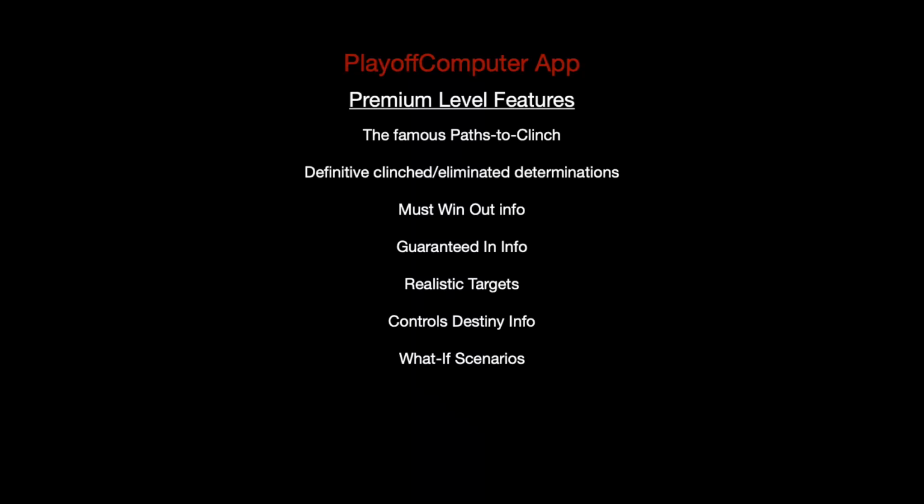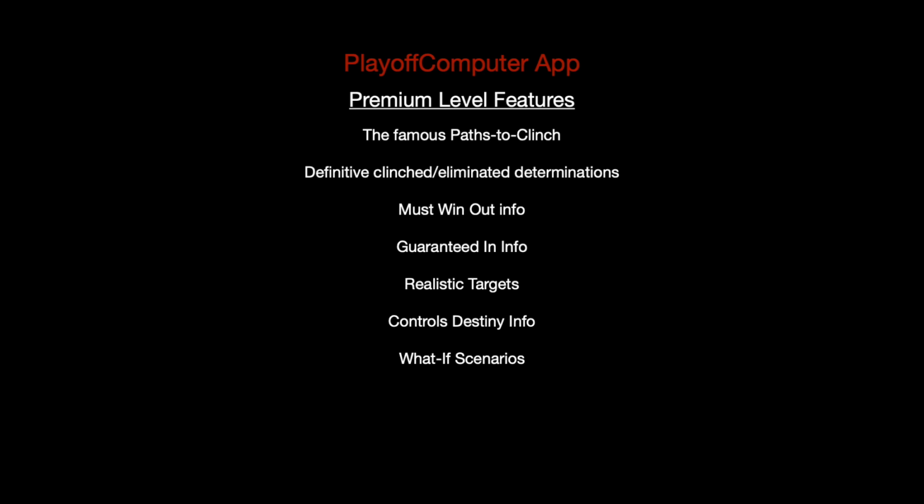It also shows whether each team must win out to have any chance and whether they control their own destiny. And other than the overall playoff race, it can analyze things like for the top two spots for those leagues that award byes, and so on.